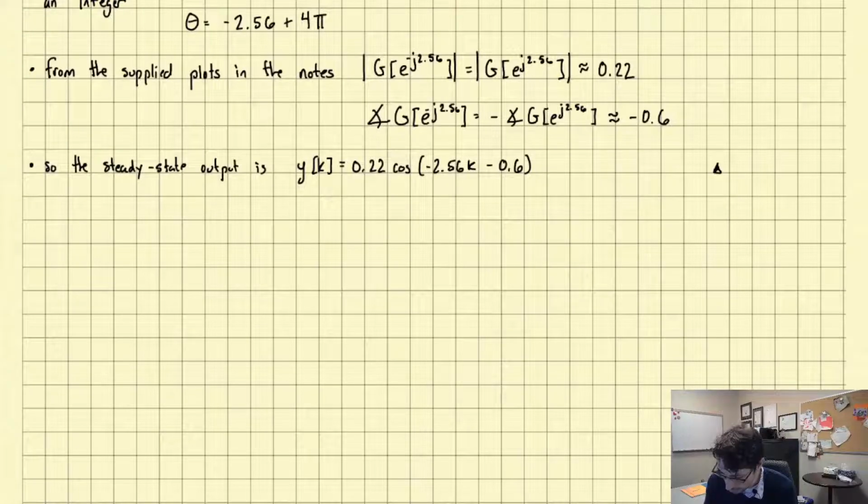You could keep the 10 here if you want, but it's the same signal as we saw before. If I have a 10 there or negative 2.56, it's the exact same signal.